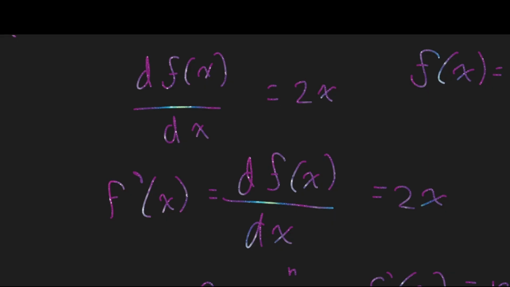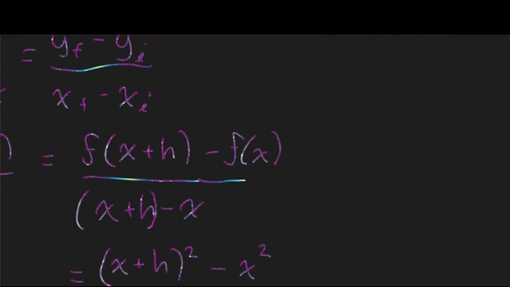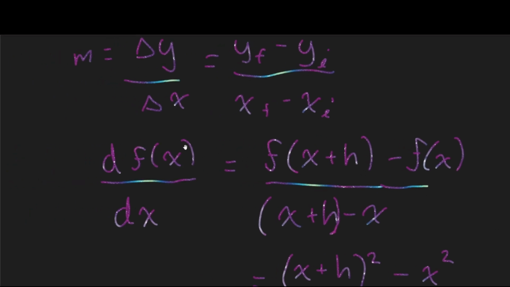So if you want to prove this further, we went over all the formulas, and the original one, in order to find the derivative of the function f of x, was f of x plus h minus f of x divided by x plus h minus x.